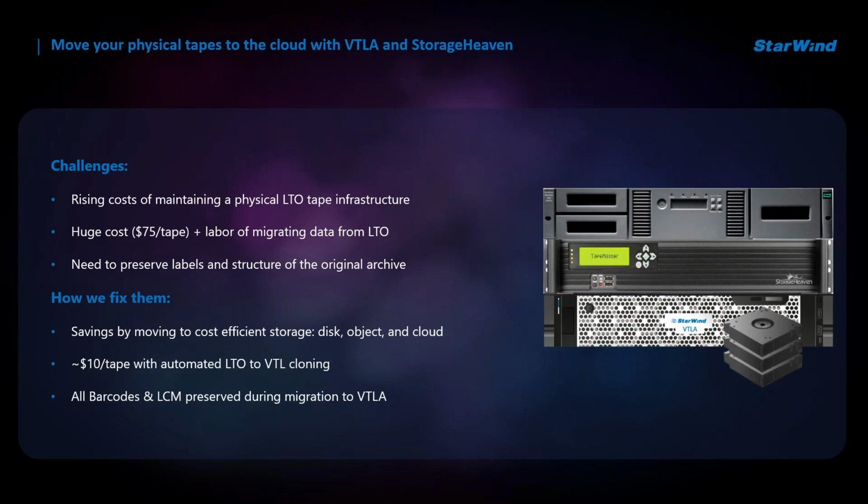As a result, this becomes a perfect solution for companies maintaining a big tape infrastructure, willing to scale it in the future and wanting to migrate to the cloud or even their own on-premises object storage, and who don't know how to do it.